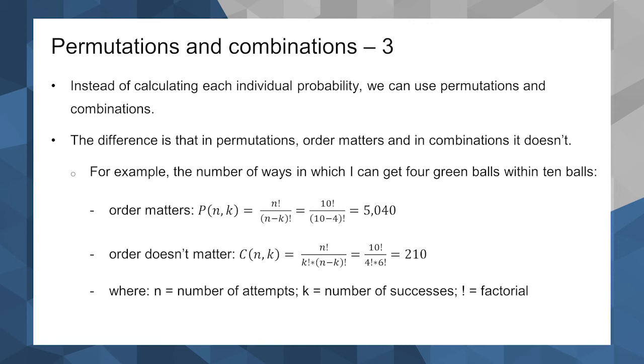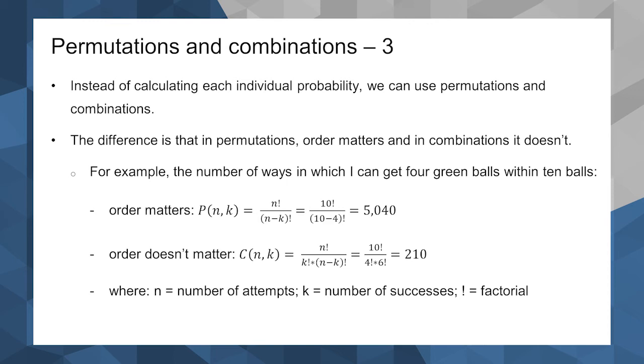For that, we need to know three things. We need to know whether the order matters. We need to know the number of successes, and we need to know the number of attempts. So in this example, the number of attempts is 10, the total number of balls. The number of successes is green balls, which is 4.